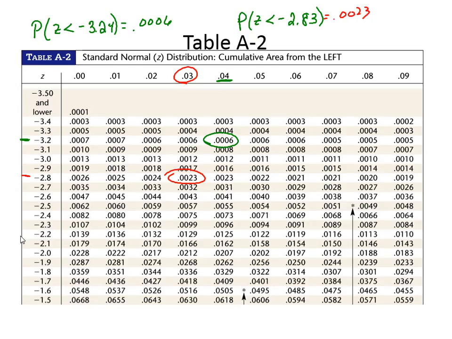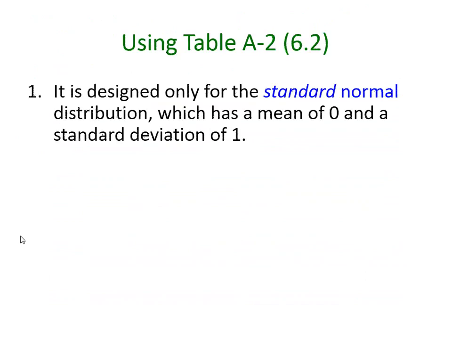Looking at some characteristics of this table. First of all, it is designed for the standard normal distribution, with a mean of 0 and a standard deviation of 1, so we'll be looking at how to convert to use the same table every time.